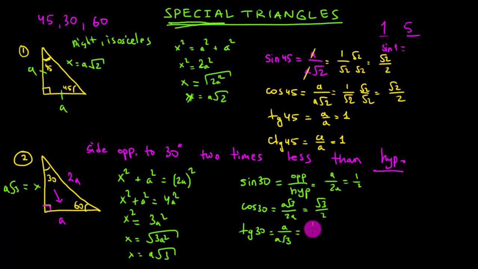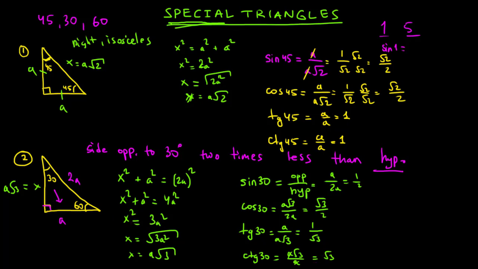It will be just 1 over root 3. Okay, what is cotangent 30? It is adjacent a root 3 over a. So it will be just root 3.